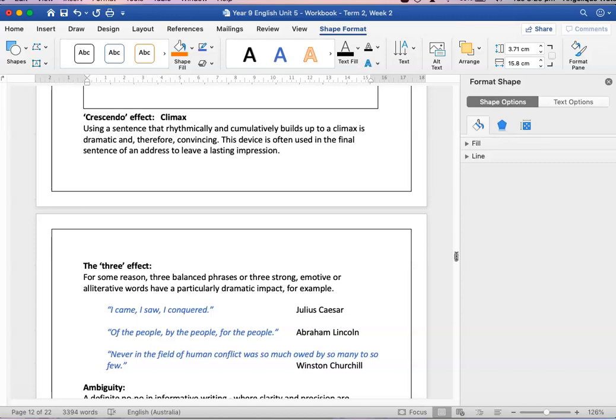There's no example here, but it's basically a quick summary of your speech, something that you want the listeners to go away remembering. Even if they forget the whole rest of the speech, you want them to remember the climax.